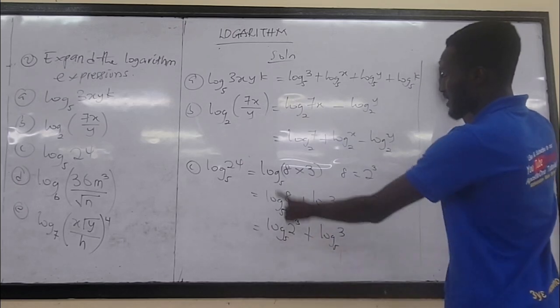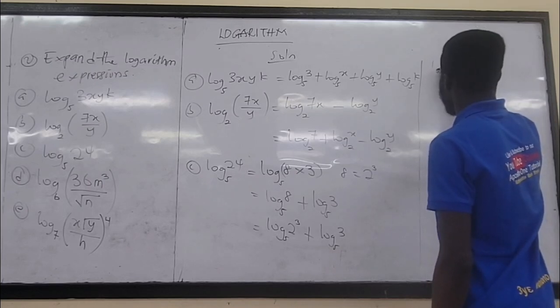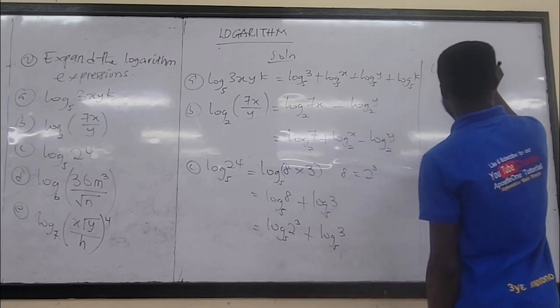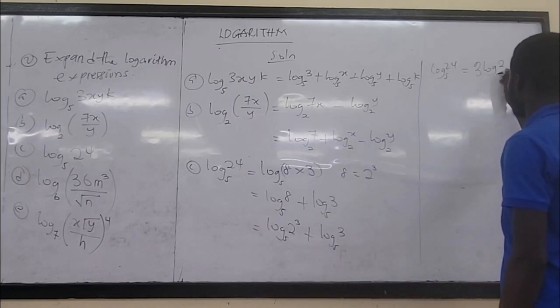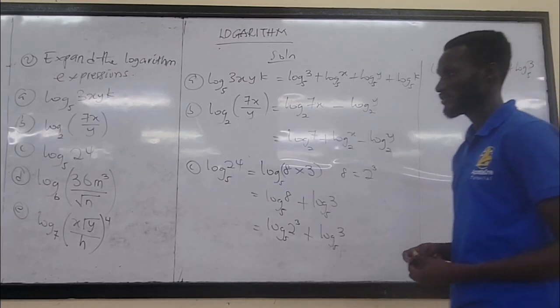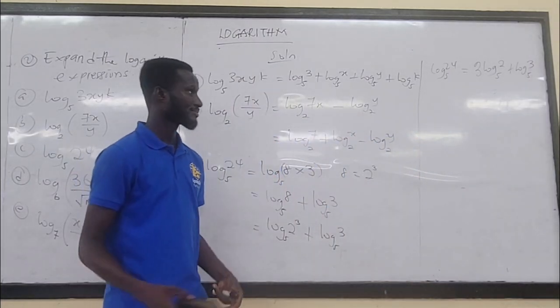So log 24 base 5 is the same as, bring the 3 to the front of the log, so you have 3 log 2 base 5 plus log 3 base 5, and this is the final answer. It's as simple as that.